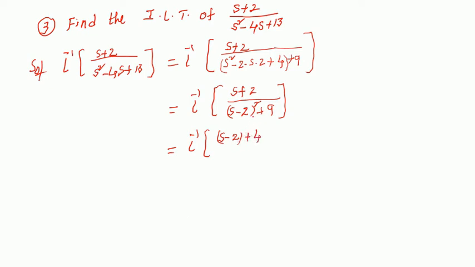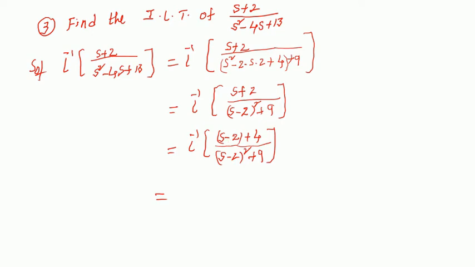Plus 4 minus 2 is plus 2 you can get. I have written this 2 as 4 minus 2. By s minus 2 whole square plus 9. This is equal to, so now it is in the form of a plus b by c.